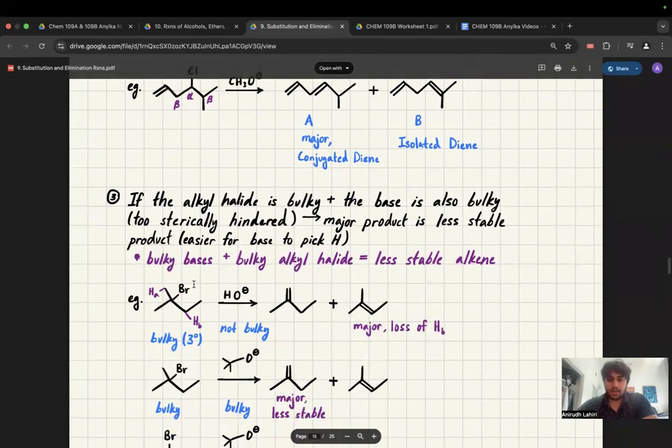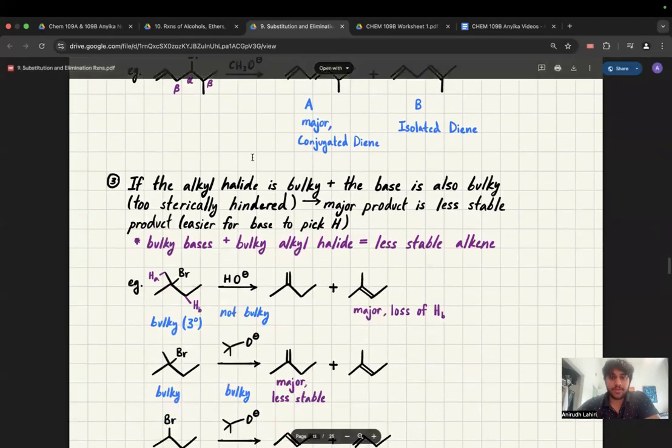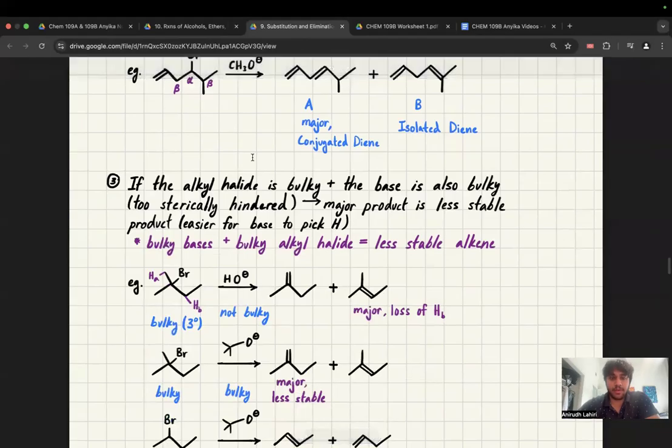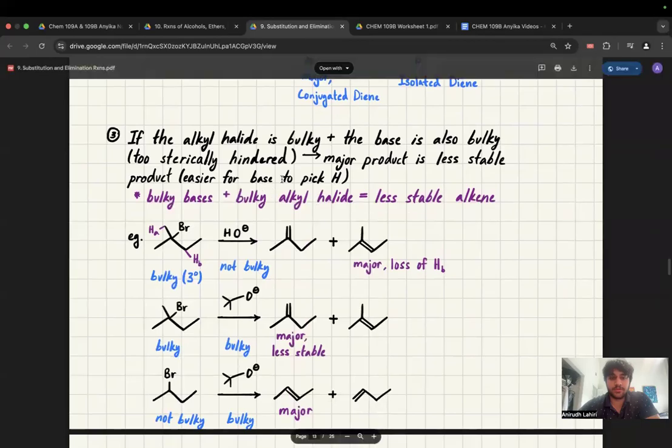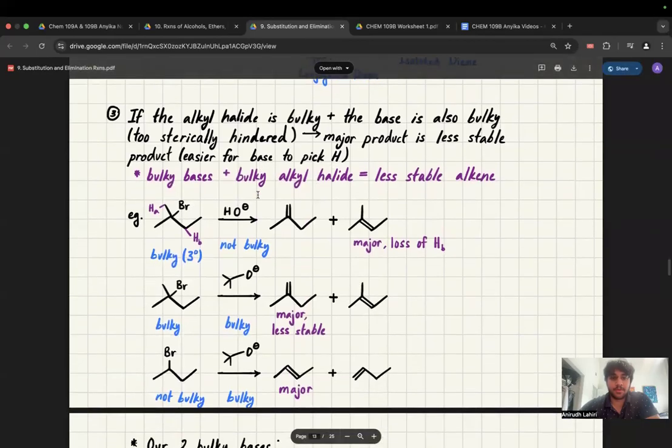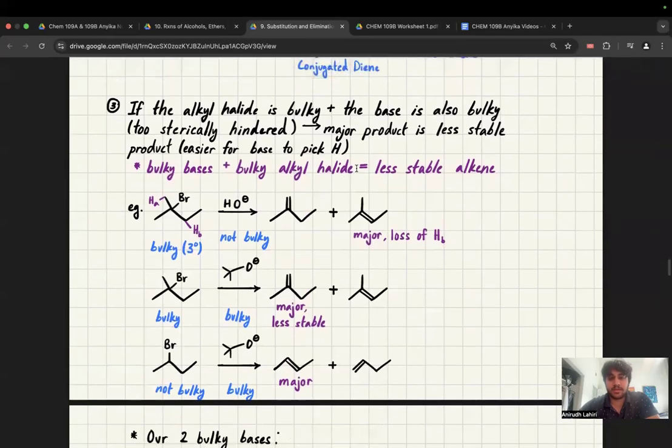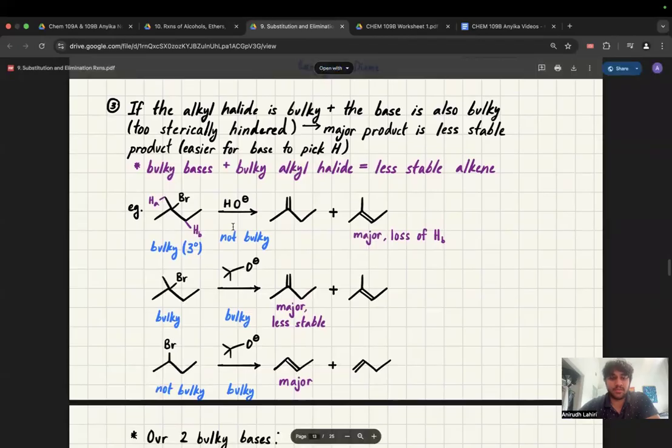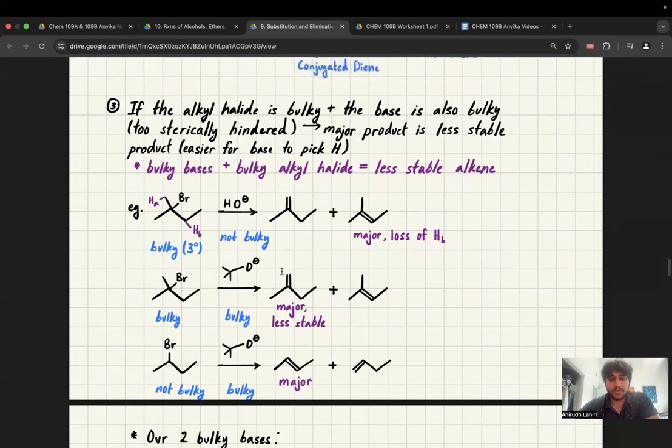Okay. If the alkyl halide is bulky, then the base is also going to be bulky. And when the base is bulky, the major product is the less stable one, which means it's easier for the base to pick up a hydrogen. Bulky bases and bulky alkyl halides generally result in a less stable alkene. So this is not bulky, no worries. These are both bulky. Major product is this. It's less stable.